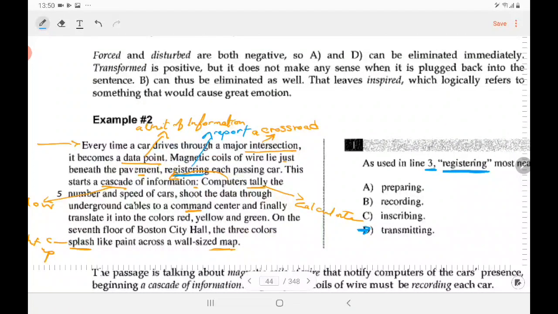Actually, it fits the context because transmit means to send out information, maybe send out data, signal. But you cannot send out a car. You cannot transmit a car. You transmit a signal. So it doesn't fit.